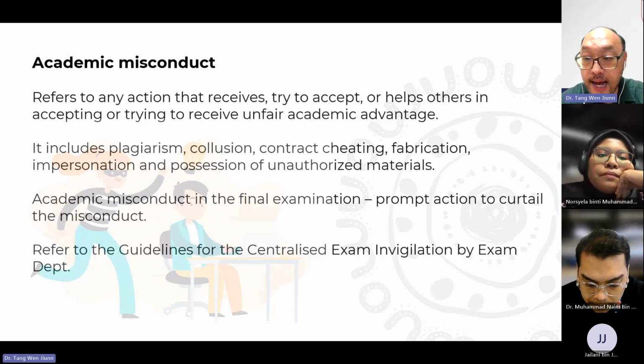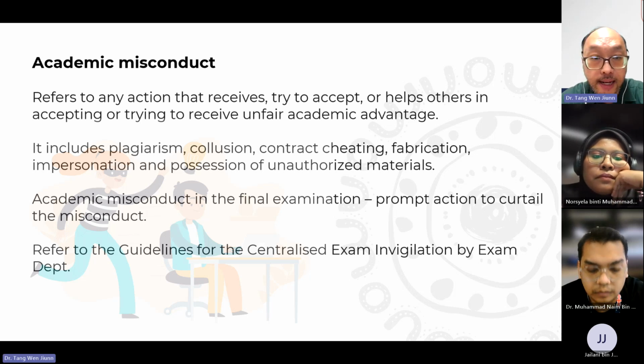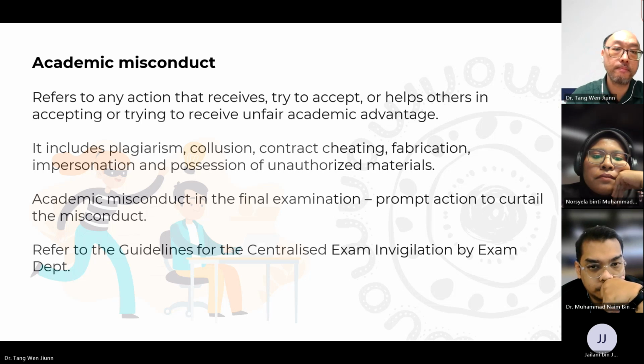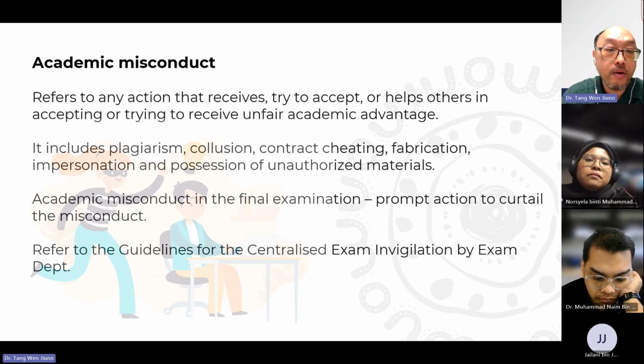Okay, so done with the mark. Now we look at the last part, which is academic misconduct. This is the definition: it refers to any actions that receive, try to accept, or help others in receiving or trying to receive unfair academic advantage.